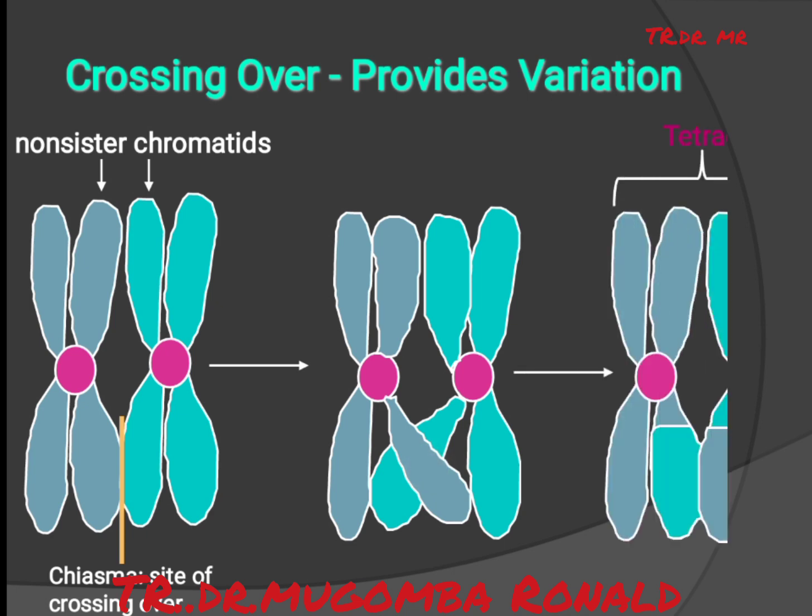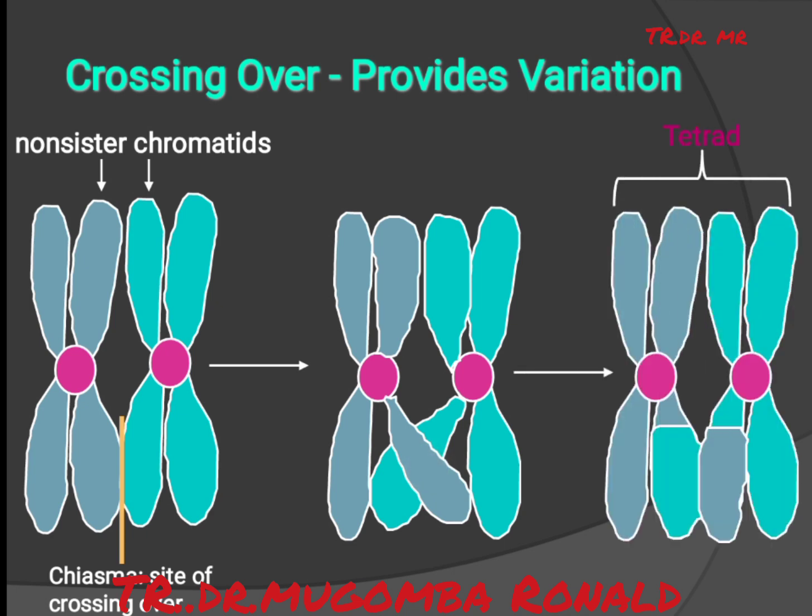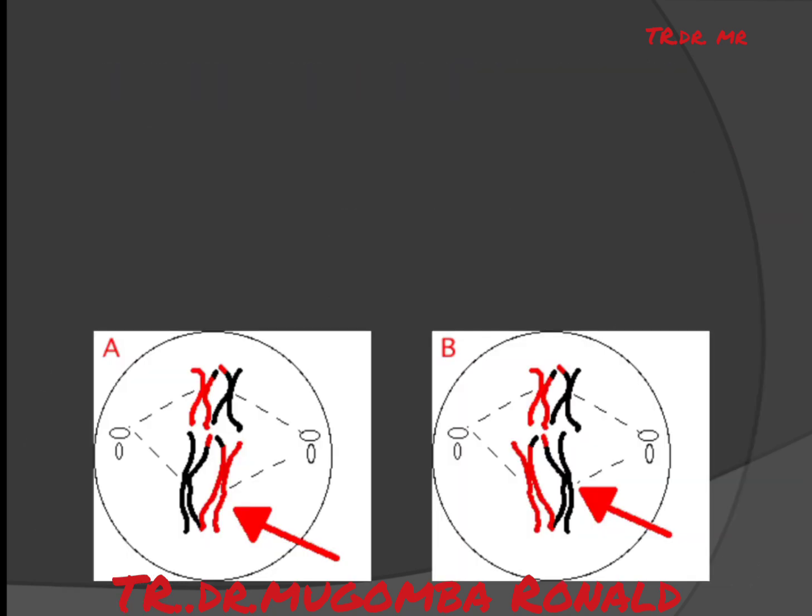Crossing over took place, and after crossing over took place, we formed new chromosomes because they separate thereafter. So this is a variation. You can see that now crossing over has taken place between the homologous chromosomes. You can clearly see here, and here. This is all crossing over.